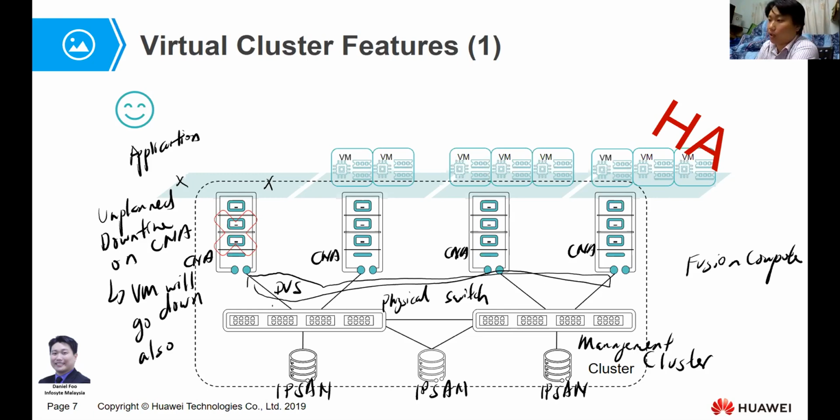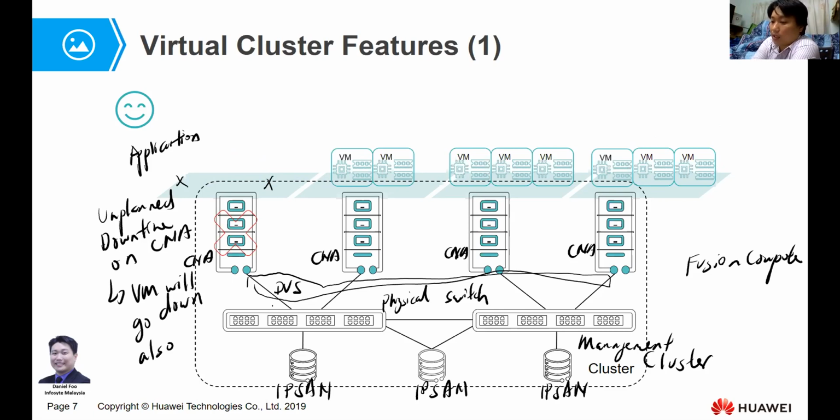So this is on the virtual machine downtime. Let me repeat: the VM is down following the CNA node, so the virtual machine will be able to power on the other CNA node, to minimize downtime.